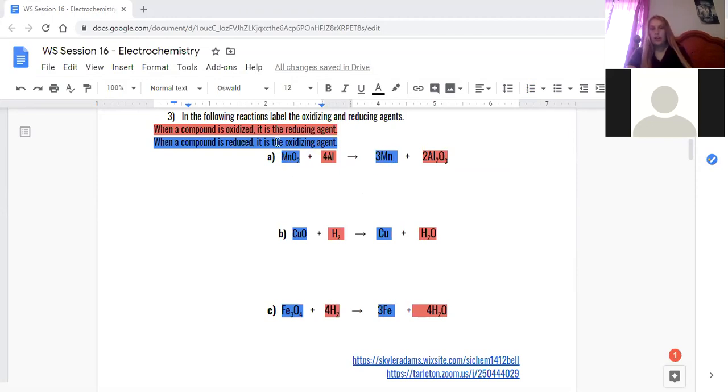So if we just had this MnO2 with an arrow pointing to Mn3 here, we could see that the charge is being reduced, getting lower. So we know that it needs a reducing agent to make that happen. So the aluminum is our reducing agent here that they added to this reaction to make it happen. Does that make sense?